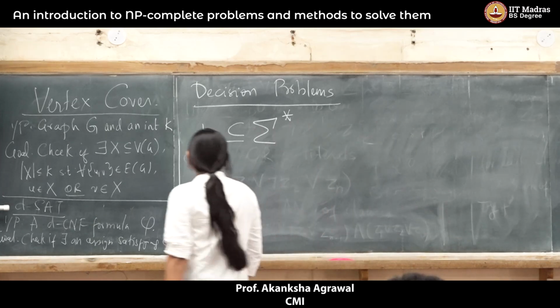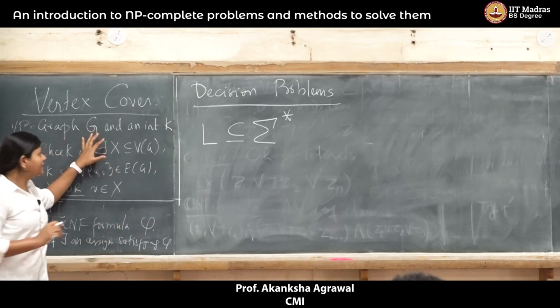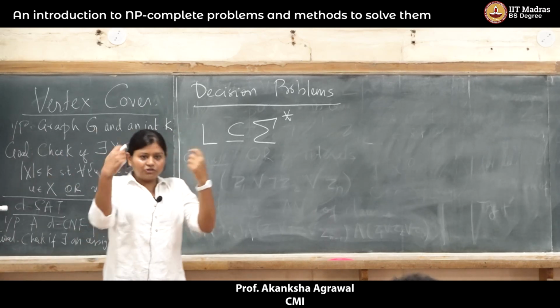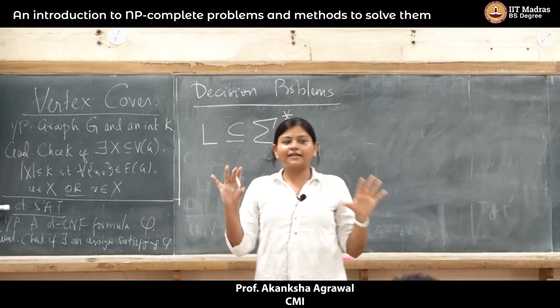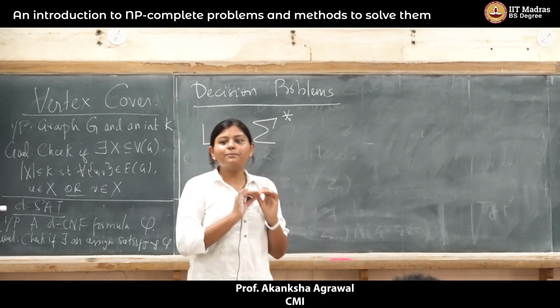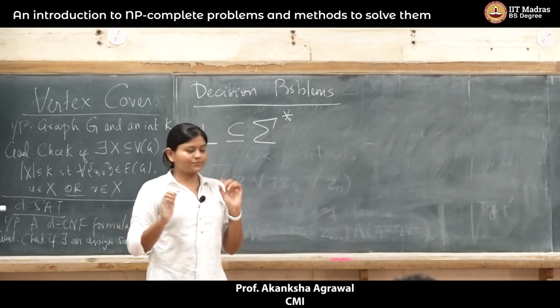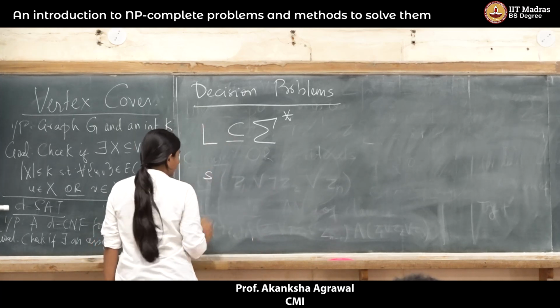Okay, so let us look at a string. Notice that if you are presenting a graph and a number k to the computer, it will again be presented as a string, right? It will be presented as a sequence of zeros and ones. Okay, so suppose you have a string s.